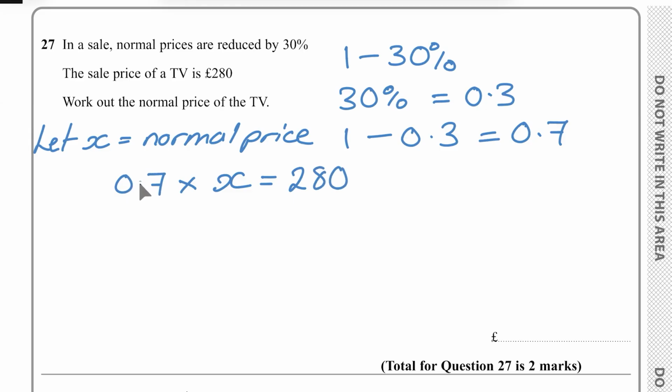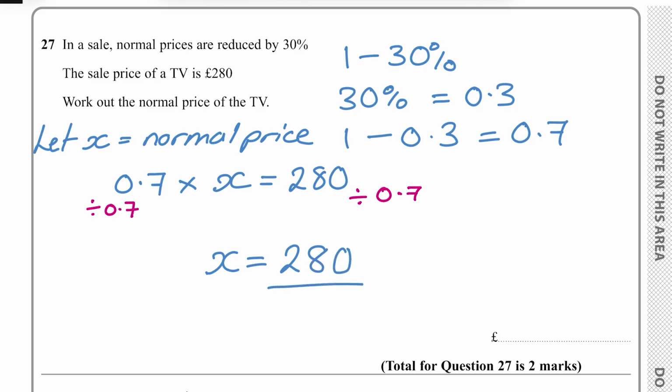So you're going to divide by 0.7, both sides, remember. And that leaves you with x equals 280 divided by 0.7.